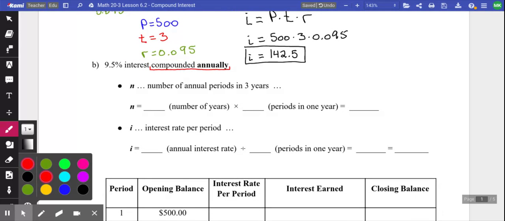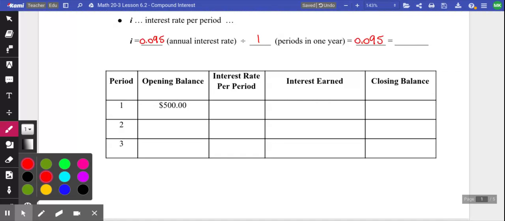We now have to calculate something called N, the number of times you're going to get charged interest. For us, there were 3 years times the fact that they charged you once every year, for a total of 3 periods. The interest rate per period is the annual interest rate of 9.5%, or 0.095, divided by the 1 period every year. That gives me a total of 0.095.